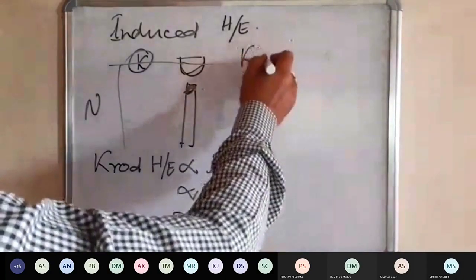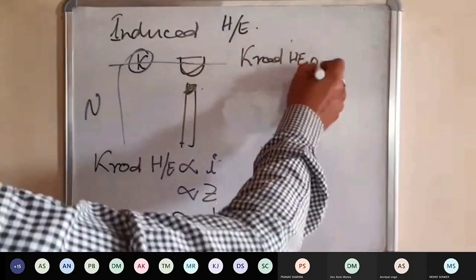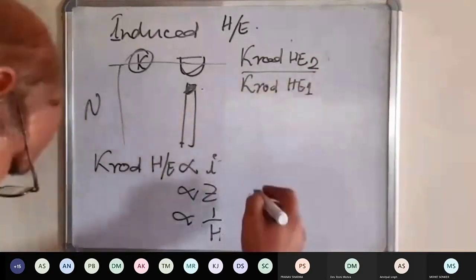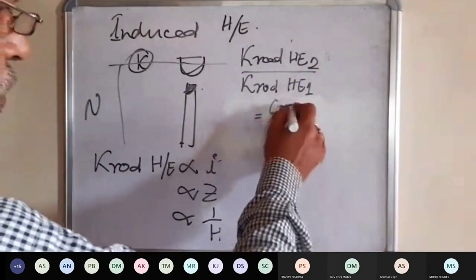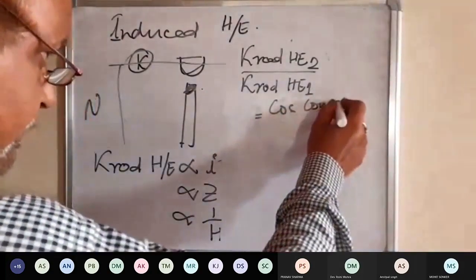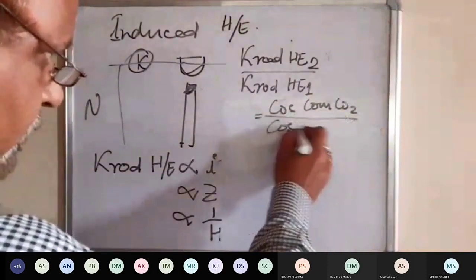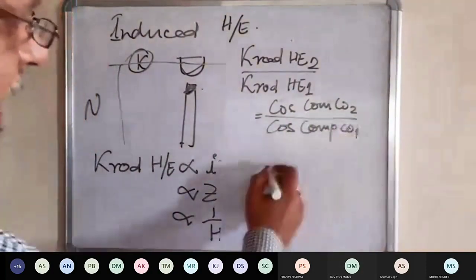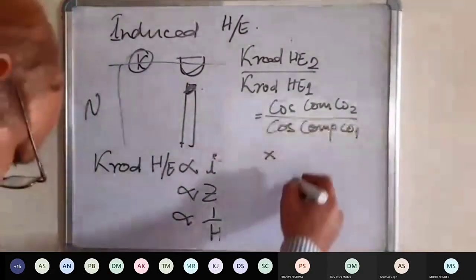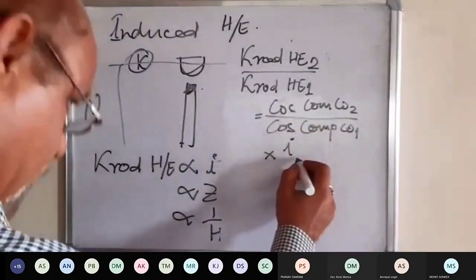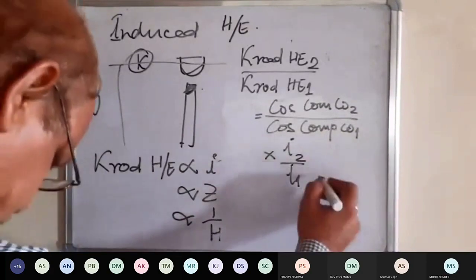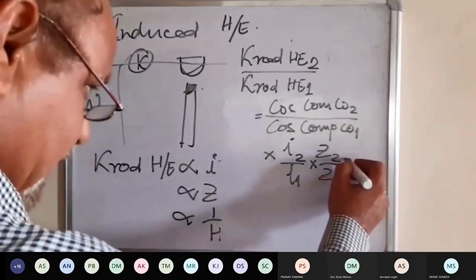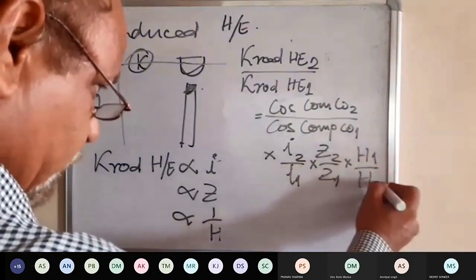So we can say K rod healing error 2 by K rod healing error 1 is equal to cos compass course 2 by cos compass course 1, into I2 by I1, into Z2 by Z1, into H1 by H2.